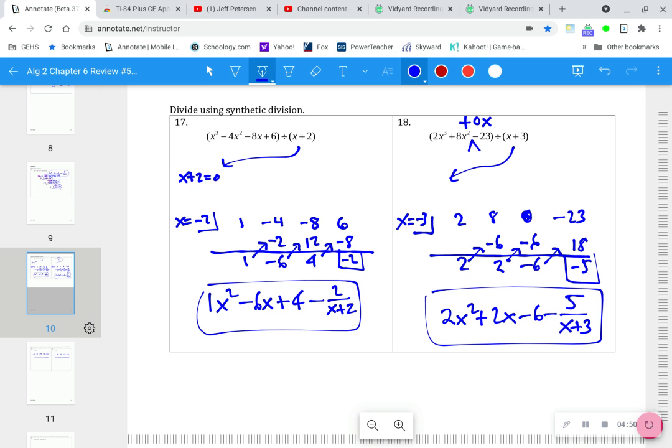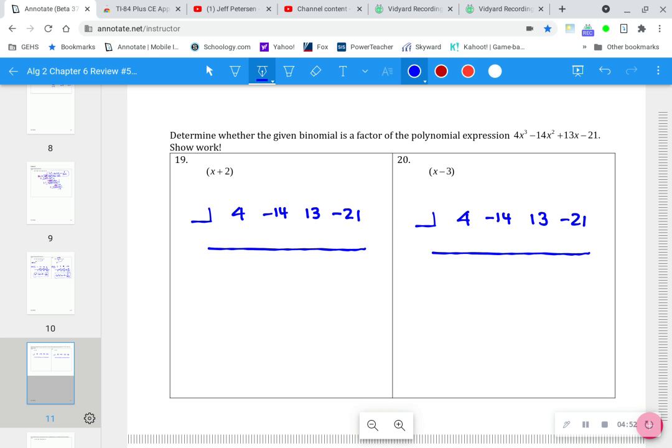Okay, so let's see what's next here. We're going to determine whether the binomials down below are factors of this long polynomial there. And I've got the coefficients already set up here, so let's see if this is a factor. We'll stick x equals -2 right there. Copy the 4, multiply by -2. You get -22 multiplied by 2.